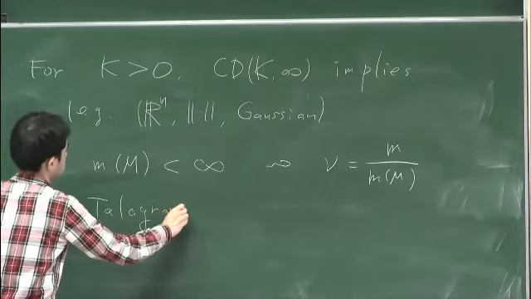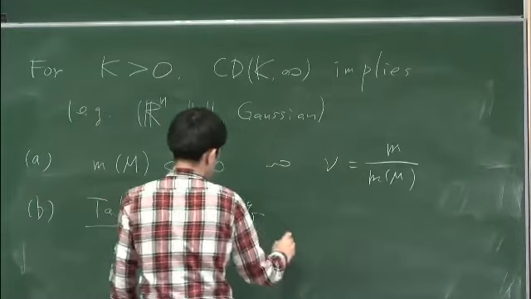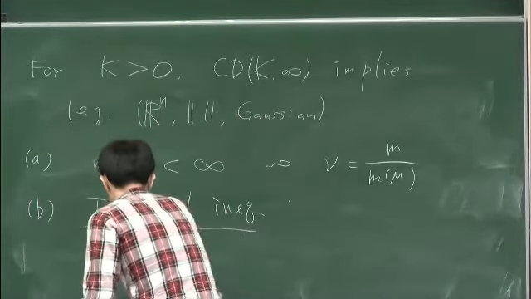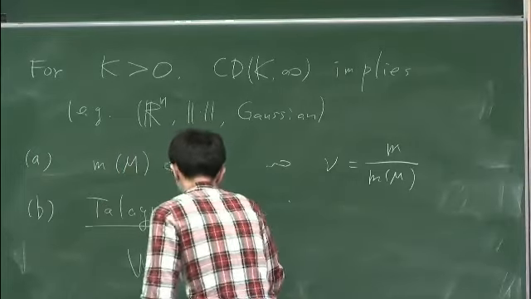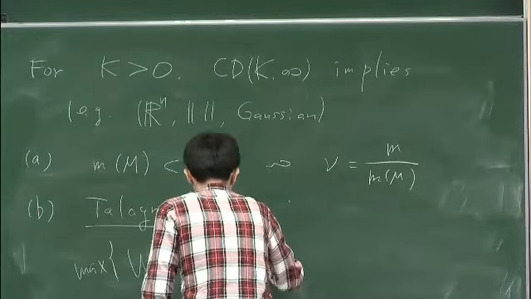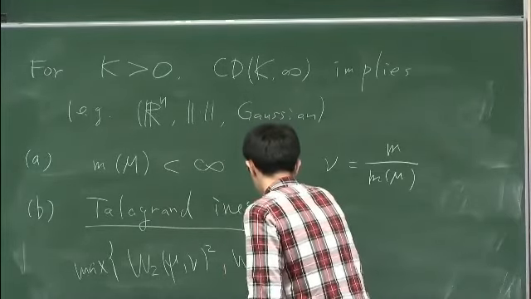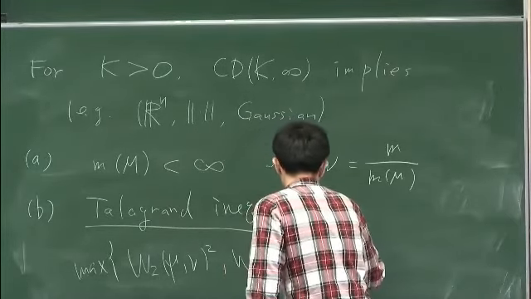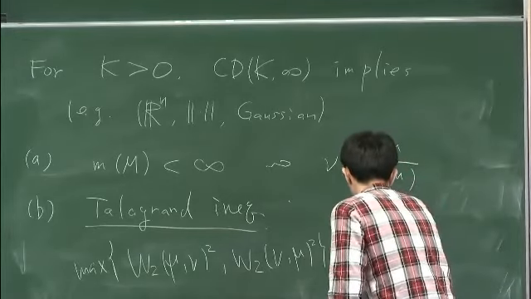Then, for example, we get the Talagrand inequality. In our case, the distance is not symmetric. But in any way, we can bound the Wasserstein distance from mu to nu from above by a constant over K times the entropy.